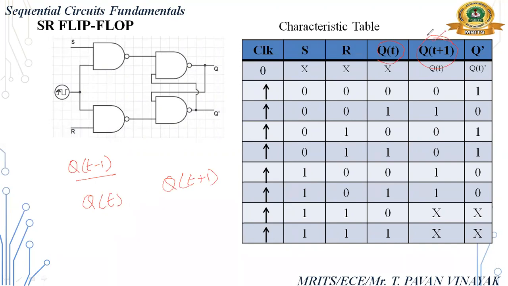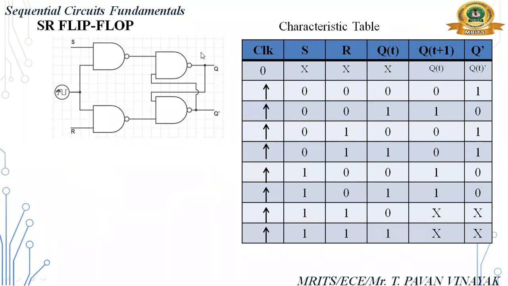Previously in SR latch, what did I write? This is Q of t minus 1 and this is Q of t. Now I am taking present input and finding the next state. The process is the same.